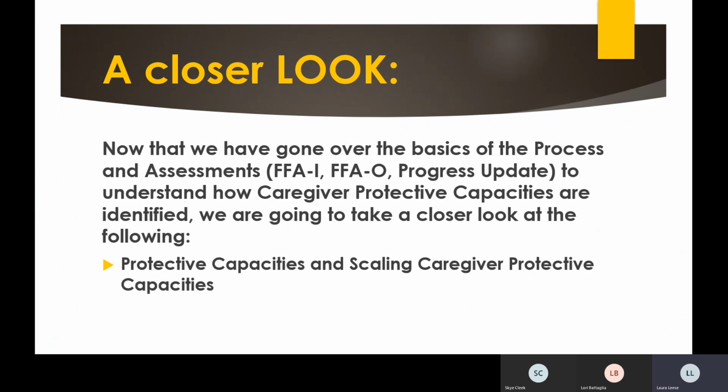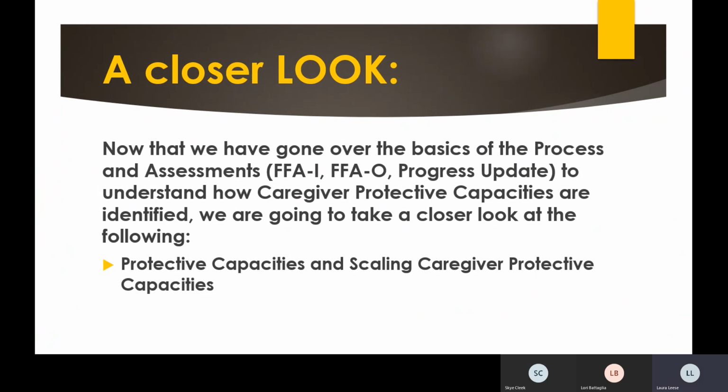Okay, we've basically gone over very high level the process and assessment to get the information for the FFAI, the Investigation Family Functioning Assessment, the FFAO, which is the initial family assessment that is completed by the case managers, as well as the information that goes into the progress update.